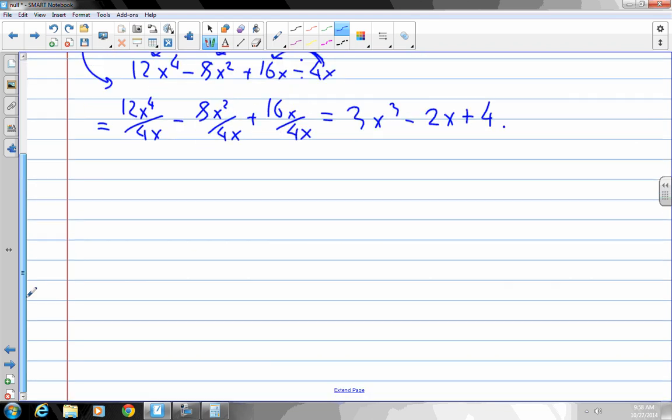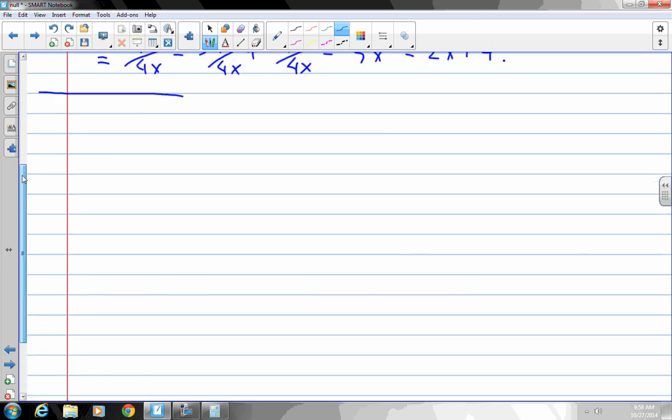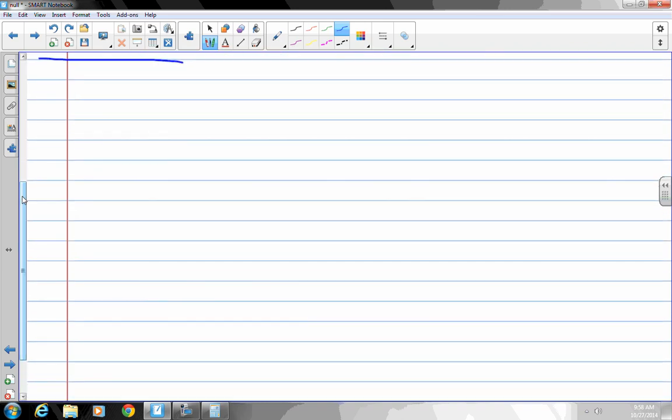Okay. Let's try something like this. What if, for whatever reason, we're trying to divide, and I really don't know what's going to happen here, but it's, let's say, x to the power 5 minus 3x plus 1 divided by x plus 7.